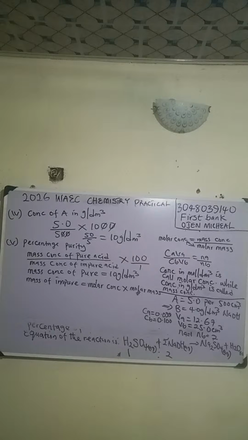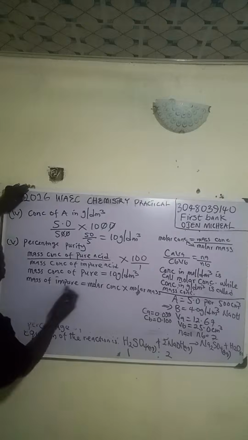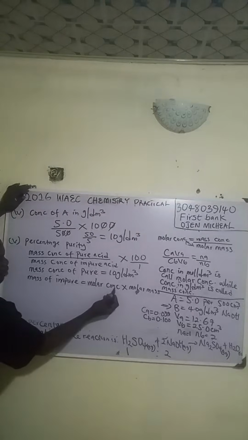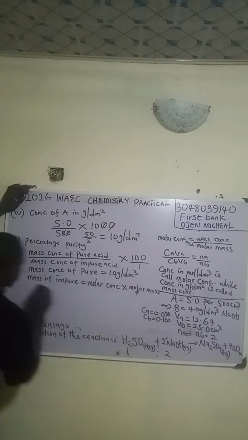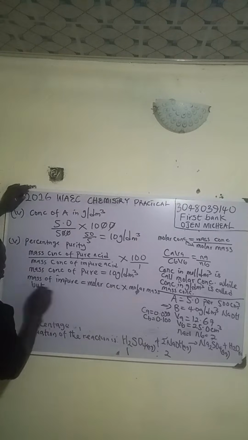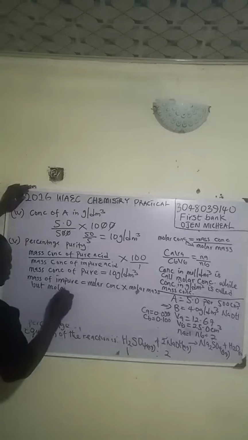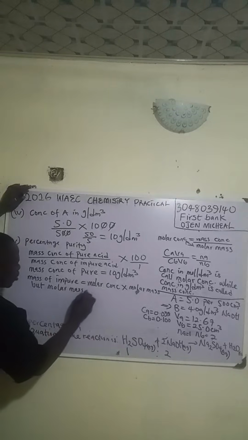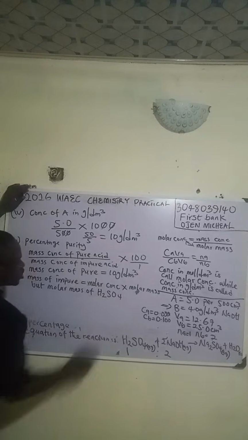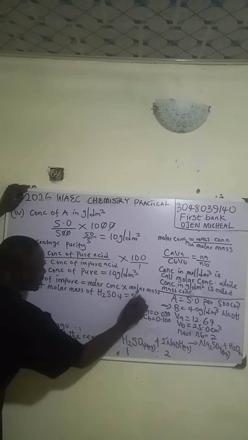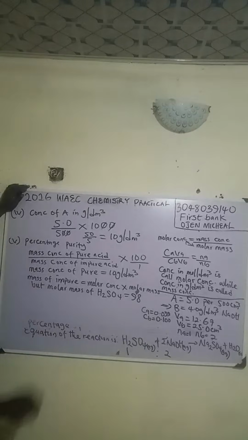Are you following? So now, what do we do? The mass concentration of pure acid, the molar concentration of the acid, is what? Look at it here: 0.1. But the molar mass of H2SO4 is equal to what? 98. Alright?